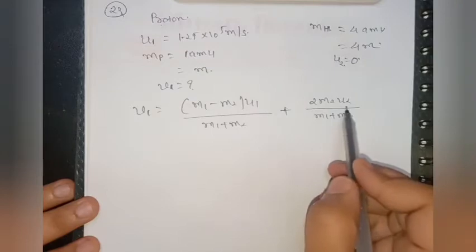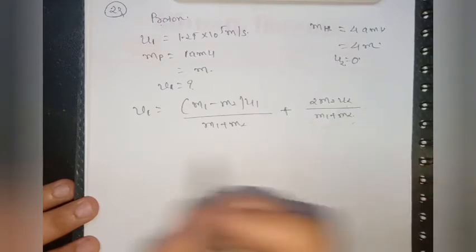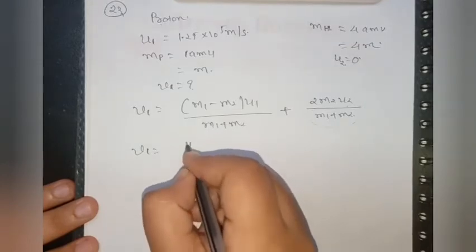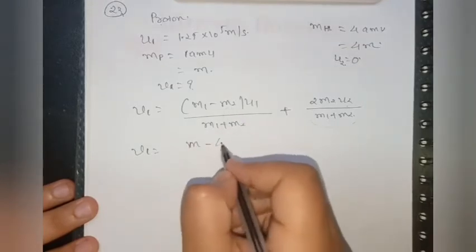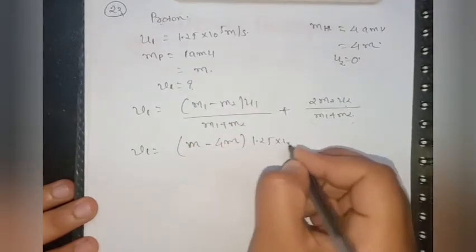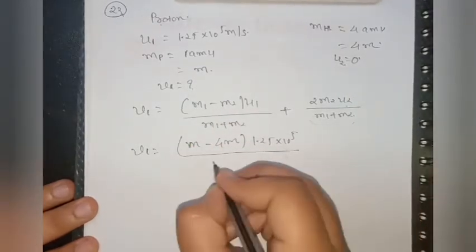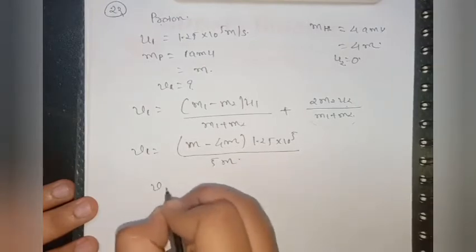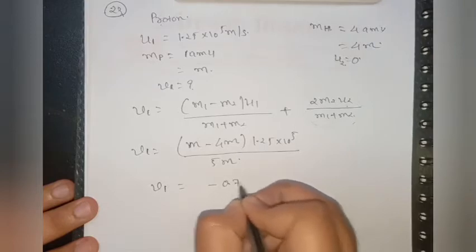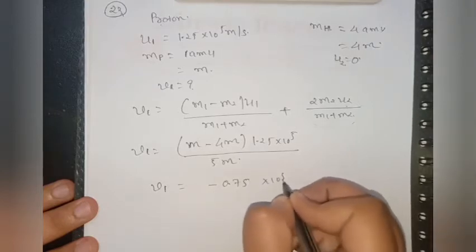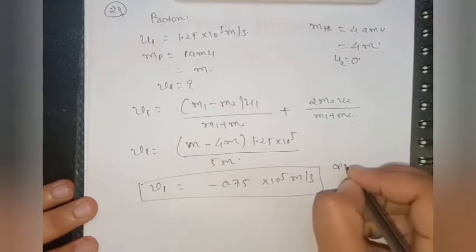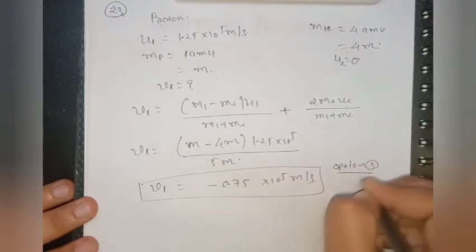In this case u2 is 0, so this whole term will become 0. v1 will be (1m minus 4m) into u1, that is 1.25 into 10 power 5, divided by total mass 5m. Simplifying this, we'll get v1 is equal to minus 0.5 into 10 power 5 meter per second. So option 3 is the correct option.